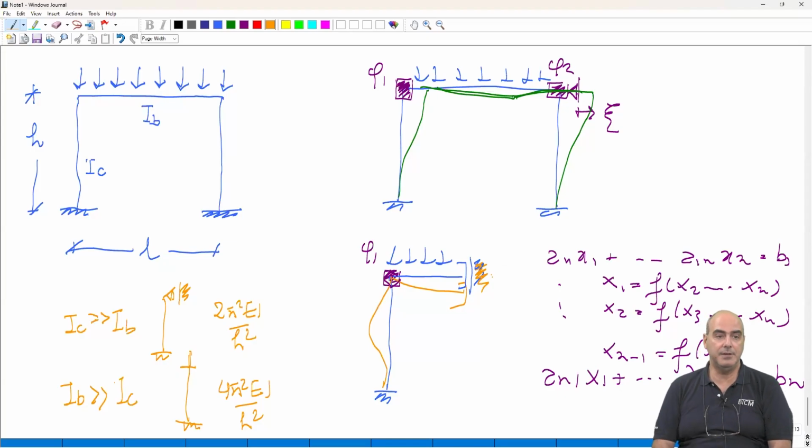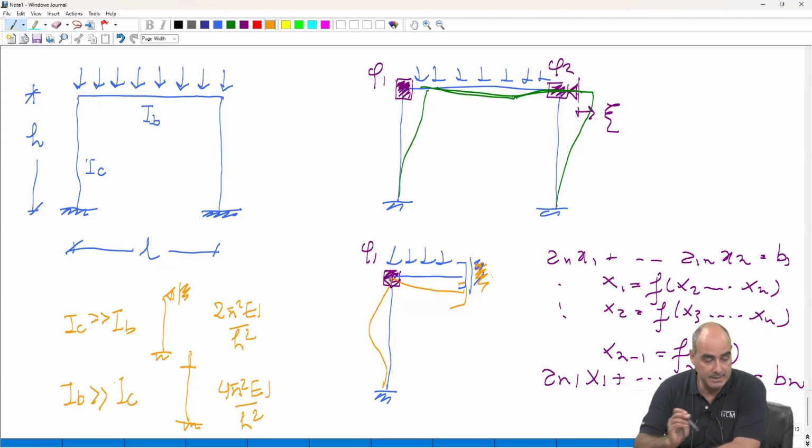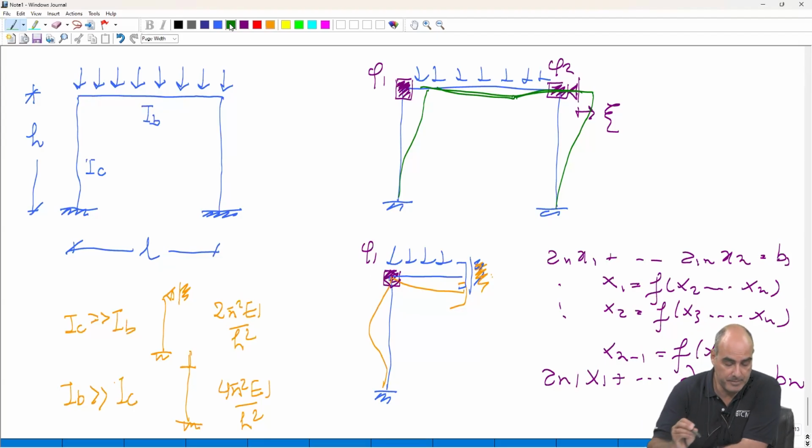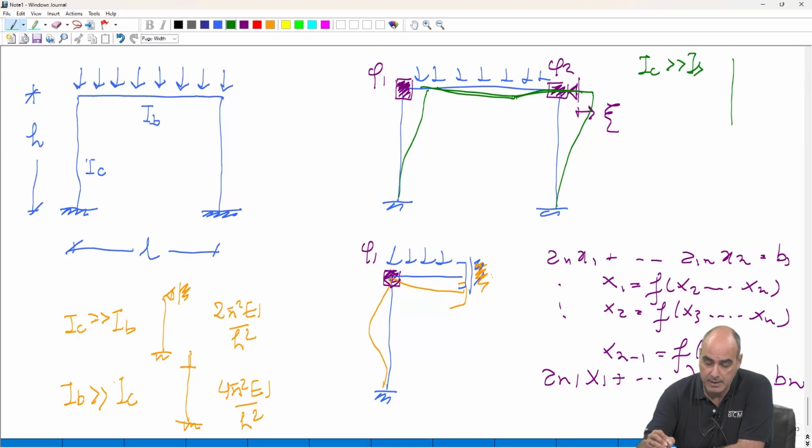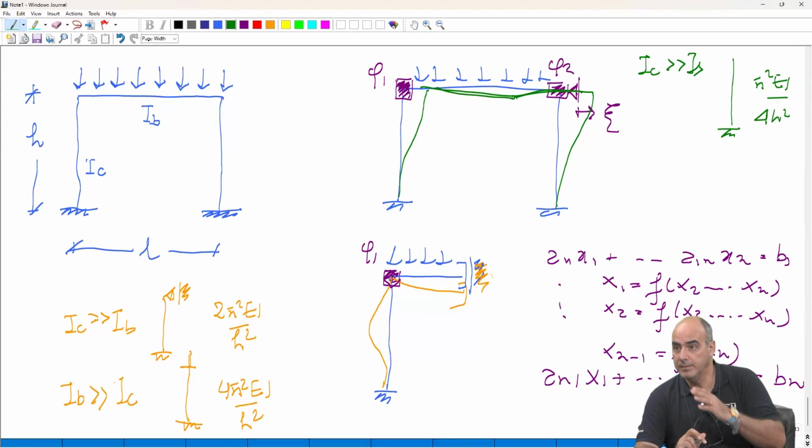What happens in the other case? Well, in the other case, if the column is much stiffer than the beam, the column behaves like a cantilever, so it's pi square EJ over 4h square, because it can sway.